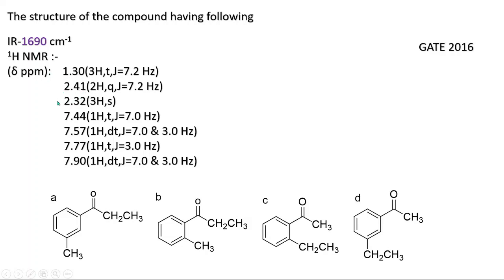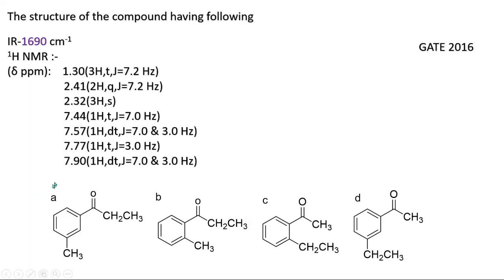Based on these 3 chemical shift values, we will differentiate option A and option D. So if you see this 2.41, 2 hydrogen quartet, we get this when it is attached to a carbonyl group, and 2.32 3 hydrogen singlet, this is for this CH3 because this is attached to an sp2 hybridized benzene ring. So due to some anisotropic effect, we can say that the chemical shift value somewhat increases. That's why we are getting 2.32, 3 hydrogen singlet.